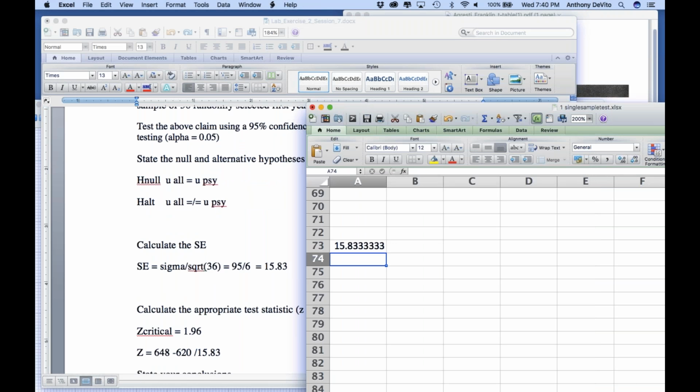Okay, let's see what we get when I do that with Excel. Equals 648, or actually, I know it's 28, so I'll just put 28 in there on top, divided by 15.83. Okay, and I get a Z-score of 1.76.